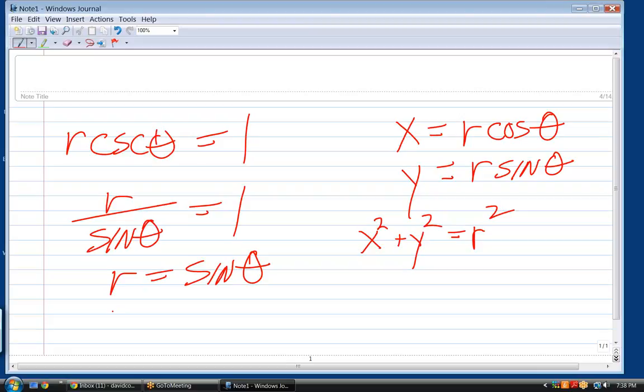Could we do r squared equals r sine theta? Yeah, that's the thing you have to do sometimes, is to multiply both sides by r. Now, r squared is x squared plus y squared, and r sine theta is y.